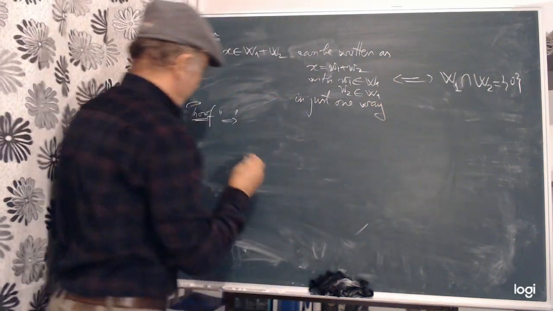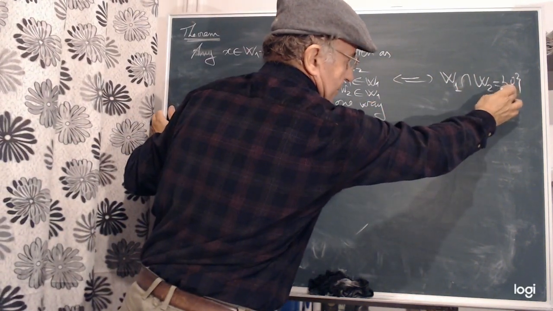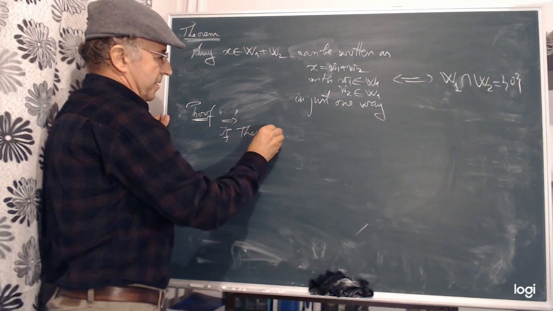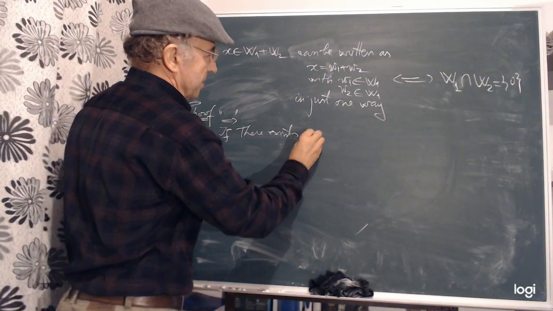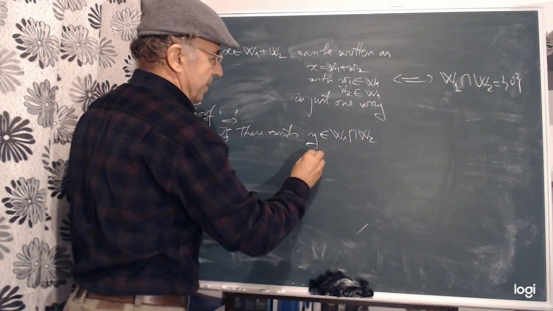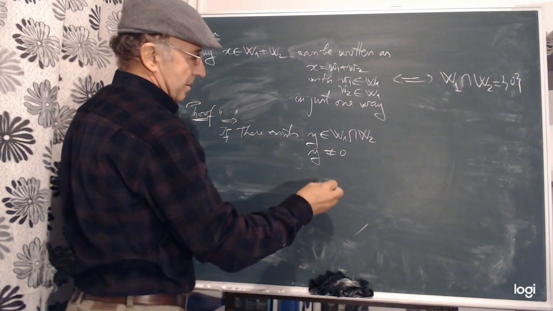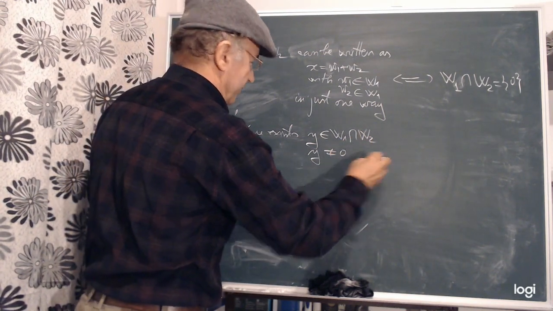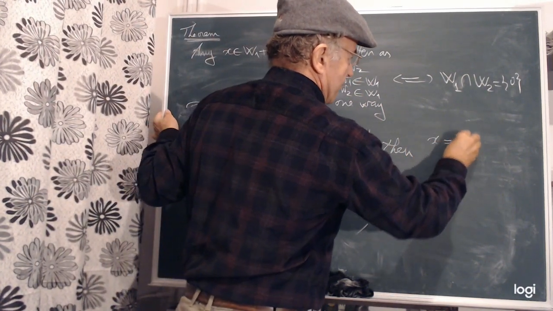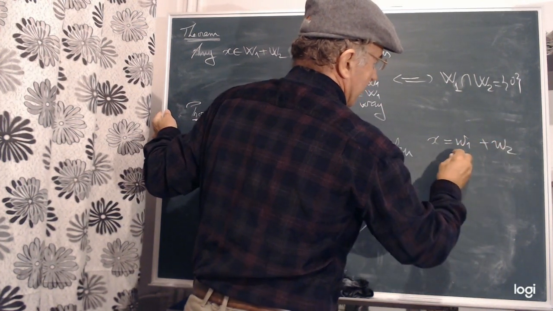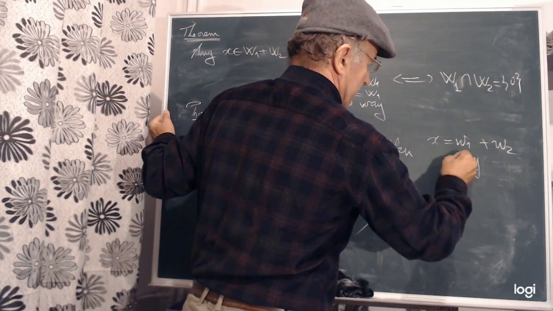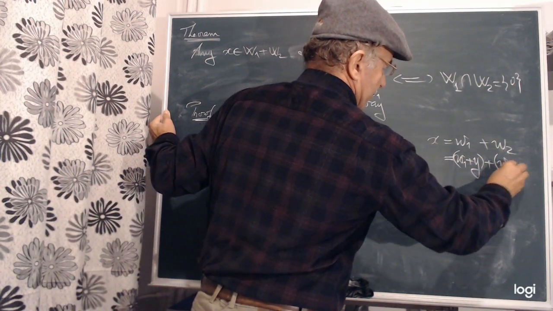It is necessary to have this intersection contain only the null vector, because if there exists a vector y in W1 intersection W2 different from 0, then our vector x equals w1 plus w2, but it also can be written as w1 plus y plus w2 minus y.